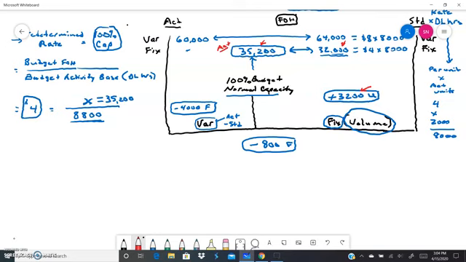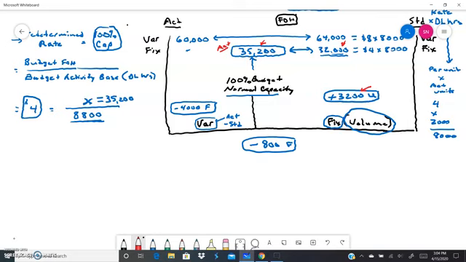So the first thing, if you think about the cost of each unit that's produced, the more units that are produced, the lower the cost of each unit from a fixed factory overhead point of view. If that $35,200 was spread over one unit, that one unit would cost $35,200.